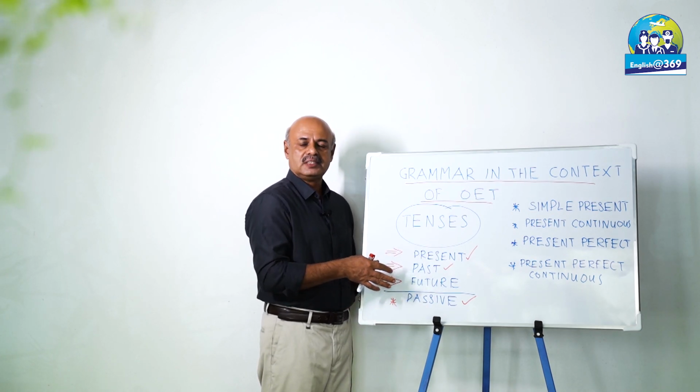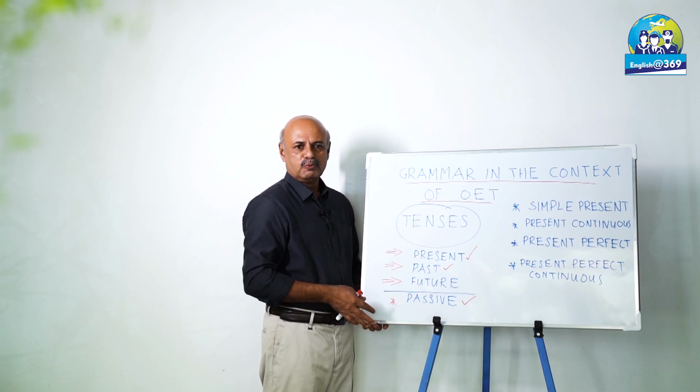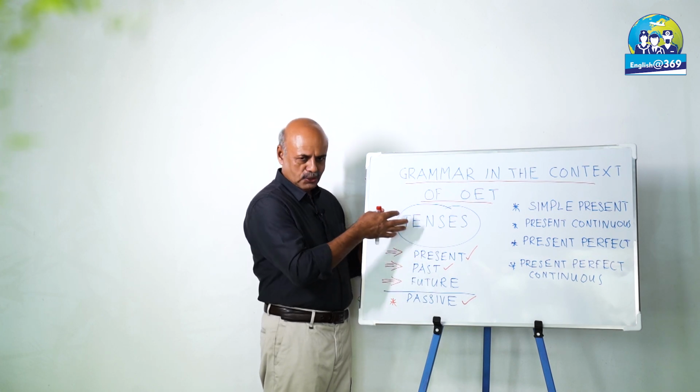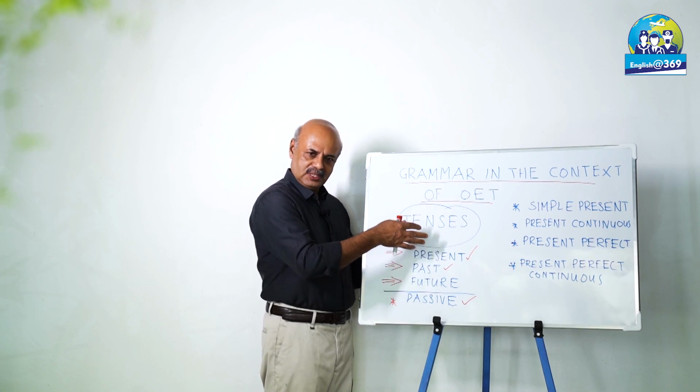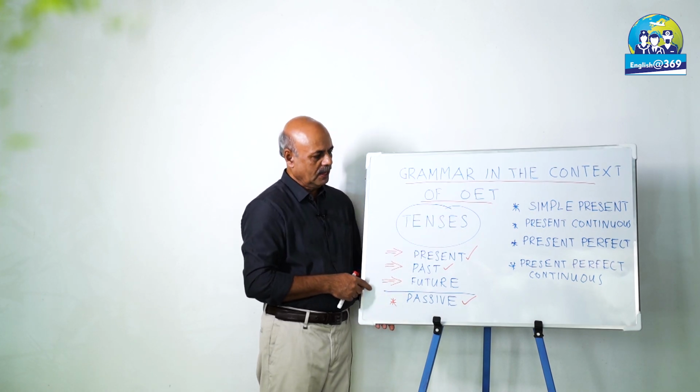Considering the difficulty students face in all these, we need to have an explanation so that you can understand how it is used in the context of your OET writing.